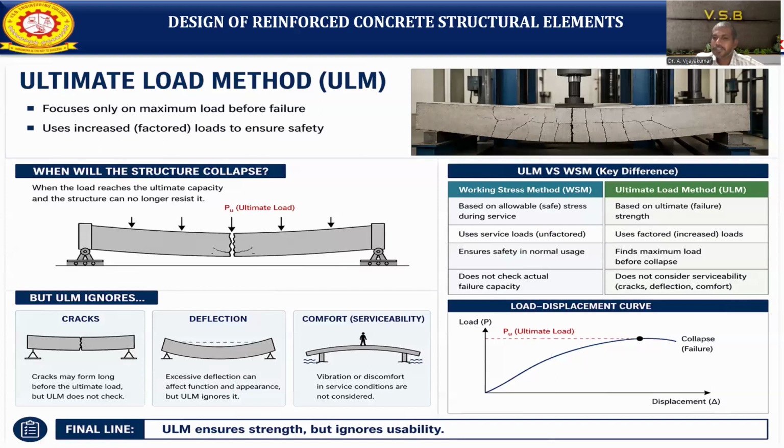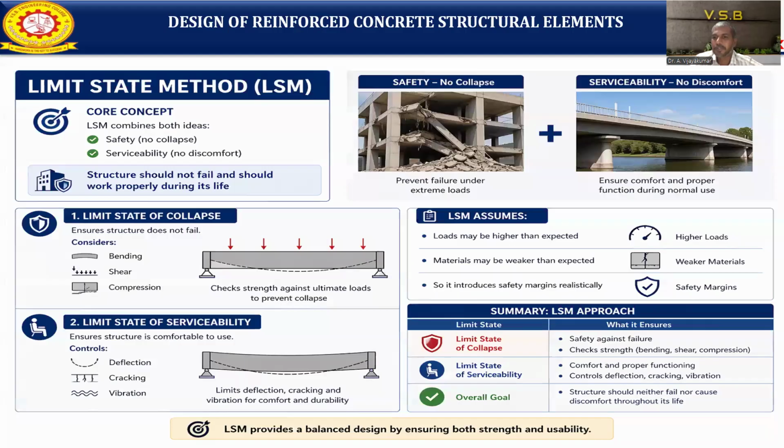Whereas in the ultimate load method, we can go to the collapse and failure stages. So what is the final conclusion for the ultimate load method? It ensures strength but ignores usability. That means deflection, cracks and serviceability are not considered. That is the main disadvantage of the ultimate load method.